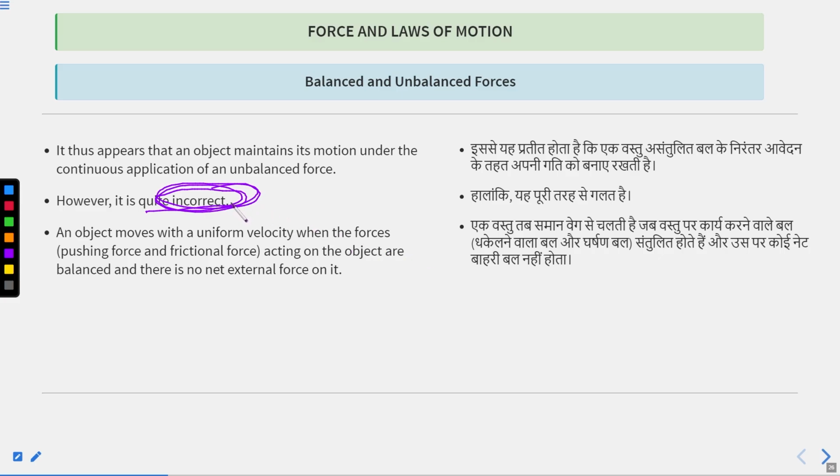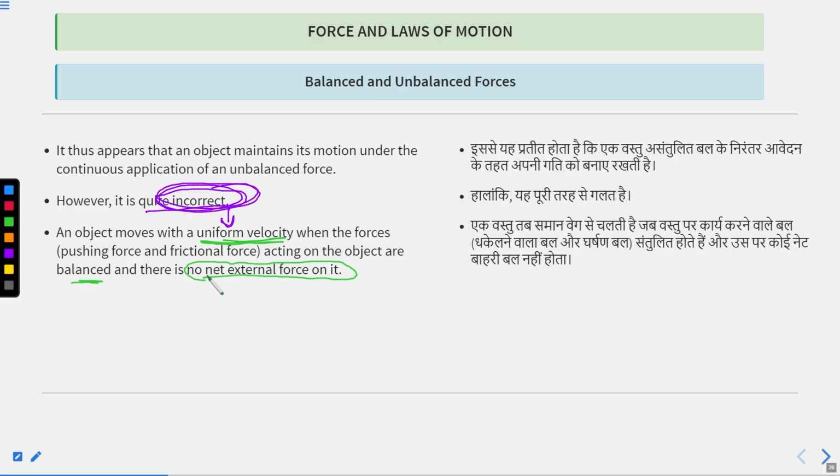There is a condition that an object moves with uniform velocity when the pushing force and the friction force acting on the object are balanced. There is no net external force on it.